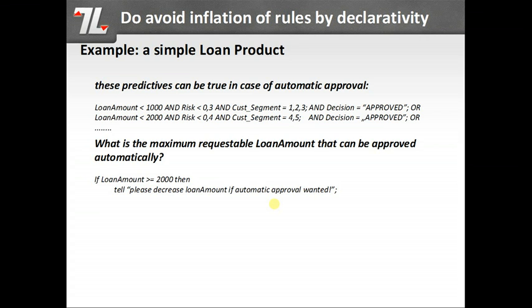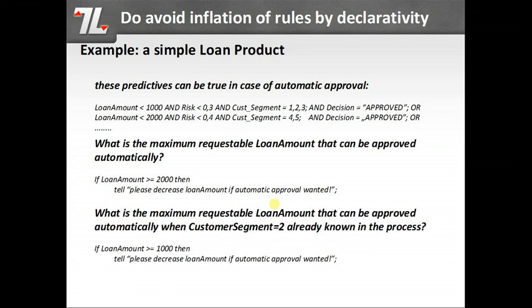Okay, but in a later task we would arrive to the stage where we already know the segment information, but the risk is not available yet. Then we would have a question: what is the maximum requestable loan amount that can be approved automatically when customer segment is 2?